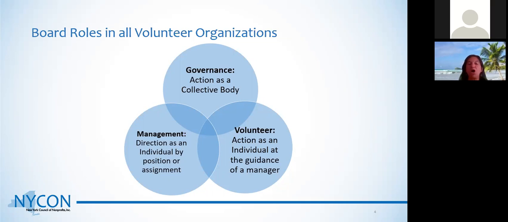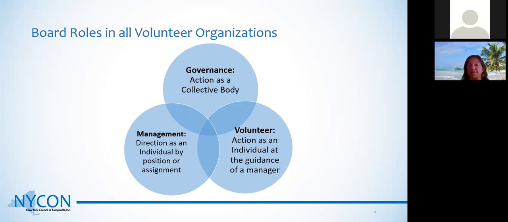And then when you're talking about the management of an organization, you're talking about how activities are carried out. It's usually a person or perhaps a committee who has the ability to provide direction and leadership because they've been given that assignment by the board.